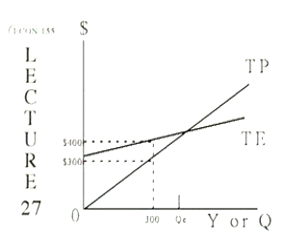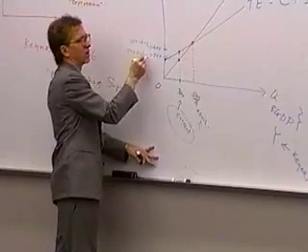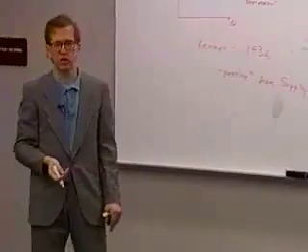So if we are currently at a lower level of GDP than the equilibrium is, then what happens is total spending, or total expenditures, is greater than total production. And what happens? What if spending is $400 and production is $300? What happens?